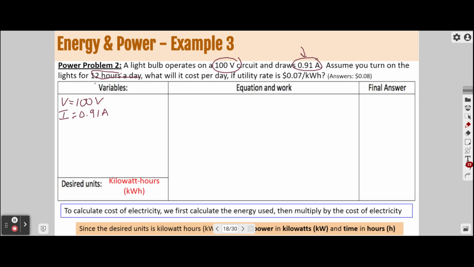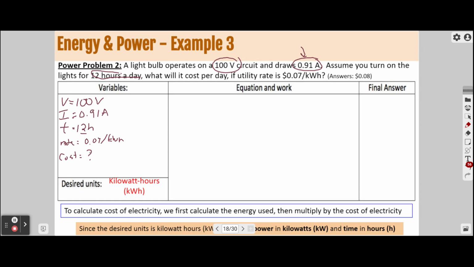We have time, which is 12 hours. And we have a utility rate of 0.07 per kilowatt hour. All right, and we're trying to find the cost per day, or the cost for this time. We already have the per day here, so we're just trying to find cost.